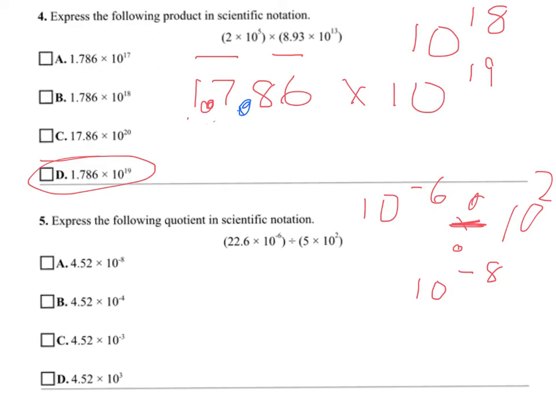Okay, and then I need to go 22.6 divided by 5. Calculator tells me that that is 4.52 times 10 to the negative 8. And because my number in the front is in the ones place already, I can leave it as it is.